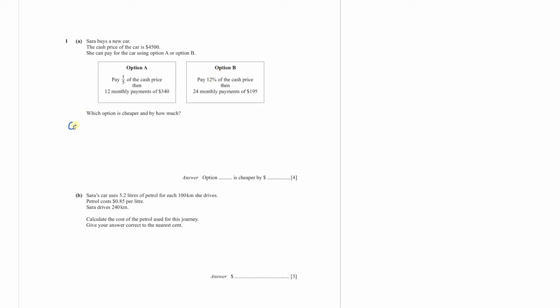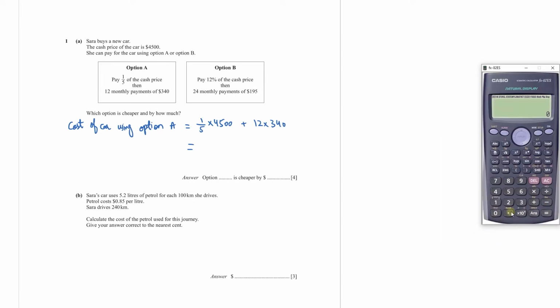So cost of car using option A will be, so she pays 1 by 5 of the cash price. So 1 by 5 of 4,500 plus she makes 12 monthly payments of $340. So 12 times 340. So let's calculate that.